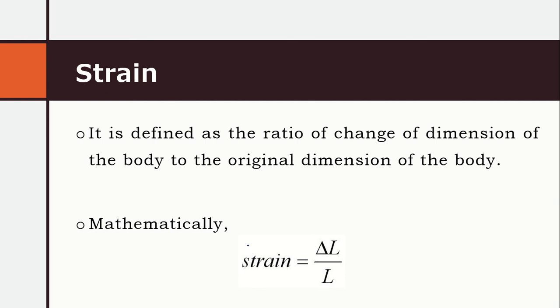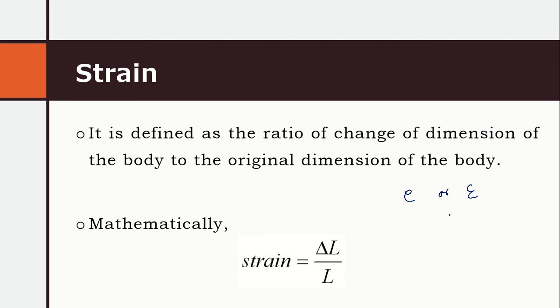It could be dimension in terms of length or width or depth or diameter or breadth, whatever kind of dimension it is. Original change by original will give you the strain, and generally we denote strain by the symbol small e, and some people also use epsilon.